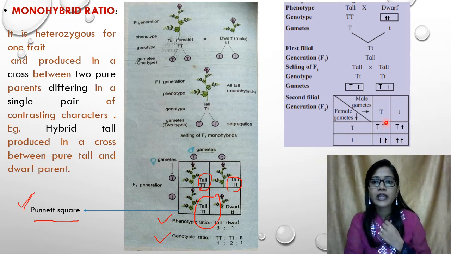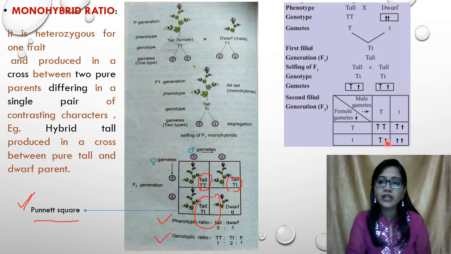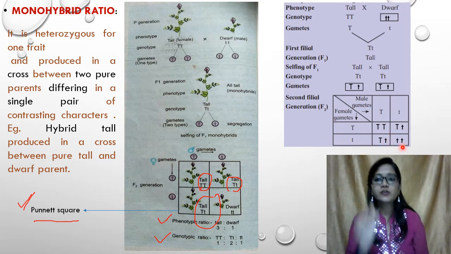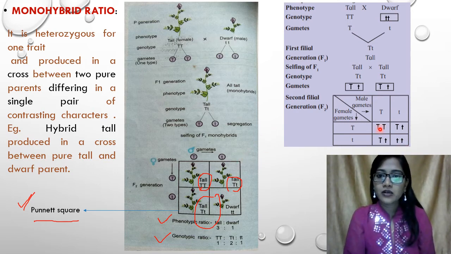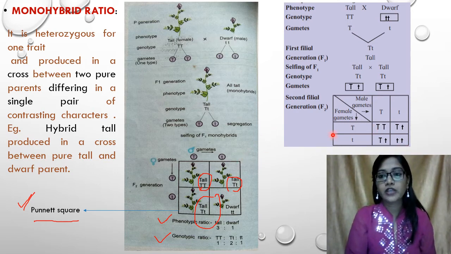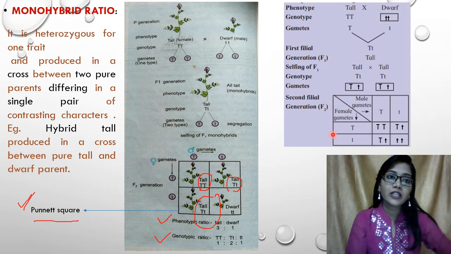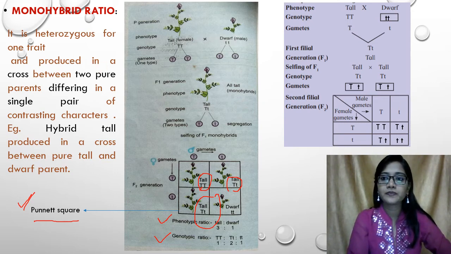See the result: capital T capital T, one genotype, two capital T small t, and dwarf small t small t. You have to write that and draw this checkerboard. This is very important if you are writing the answer on the monohybrid ratio. So let's move to the next slide.